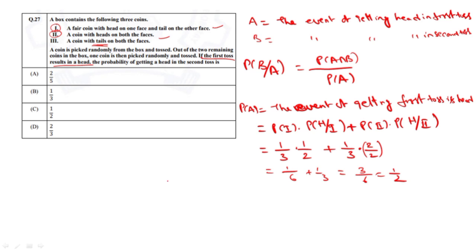Now we go for A intersection B. This means the probability of getting heads in both tosses.